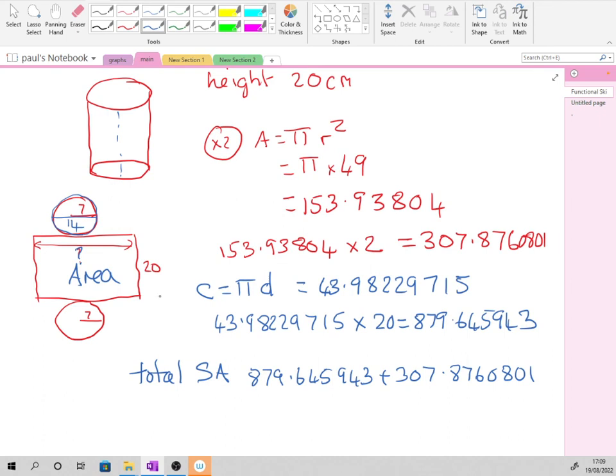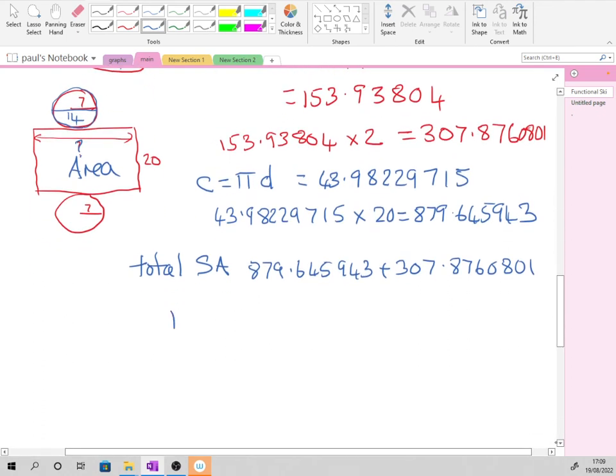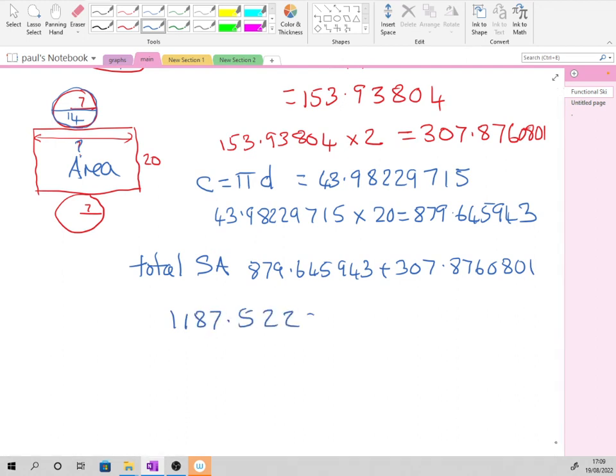Right, there we go. Final answer, or almost anyway. Right, so we've got 1187.52023. Now I'm going to round it to 2 decimal places to give me 1187.52 centimeters squared to 2 decimal places. Oh, it's complicated, this level 2.